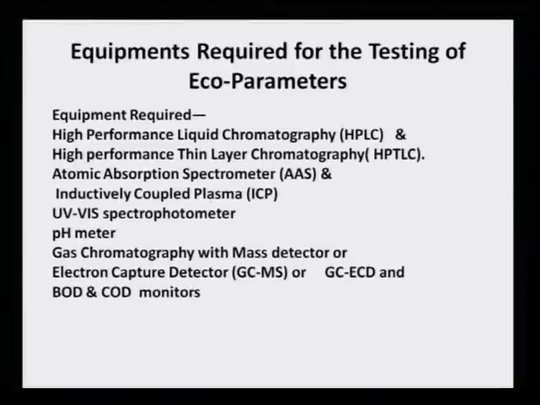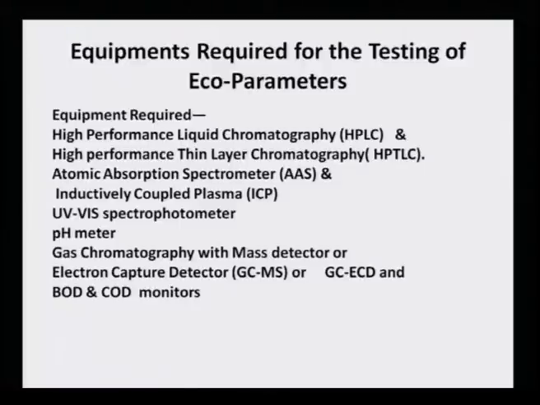Equipments that are required for the testing of eco parameters. Obviously, if there are parameters that need to be tested, there should be an equivalent machine that is used for that particular analysis. Equipments that are required are high performance liquid chromatography, that is HPLC, we have already learnt about it, and high performance thin layer chromatography, that is HPTLC.